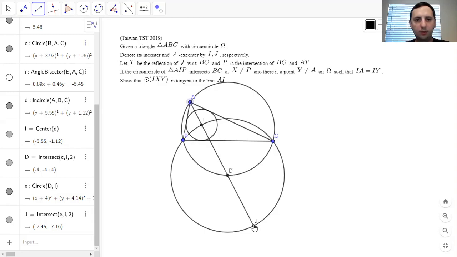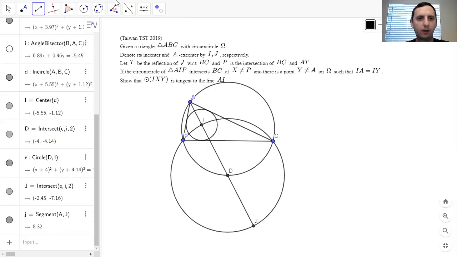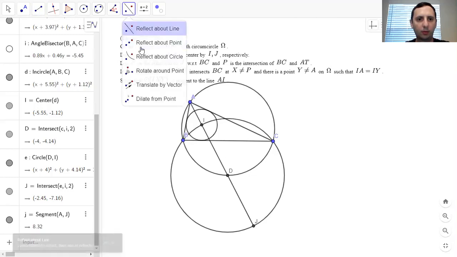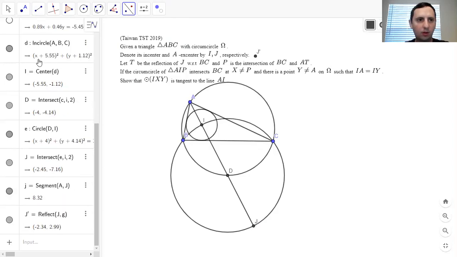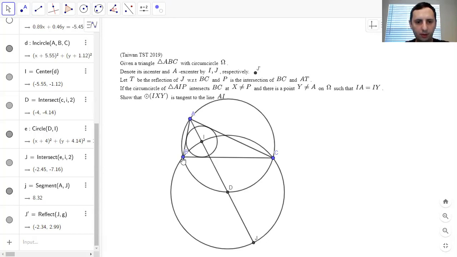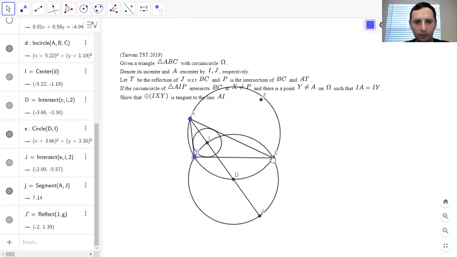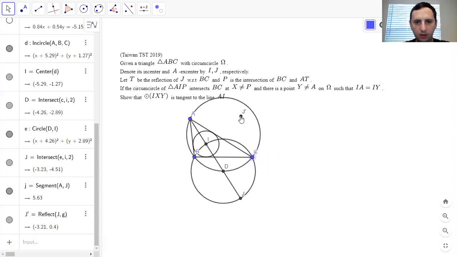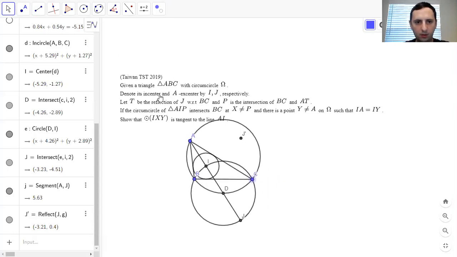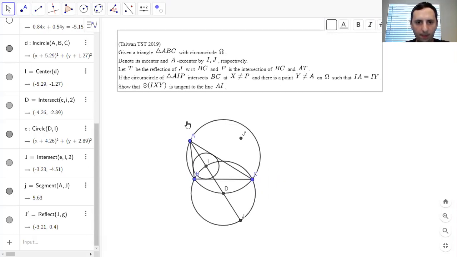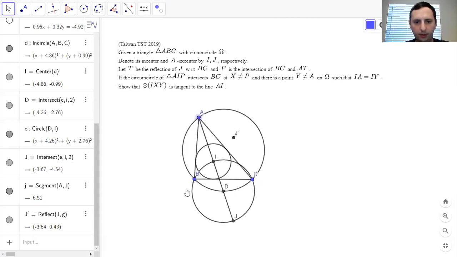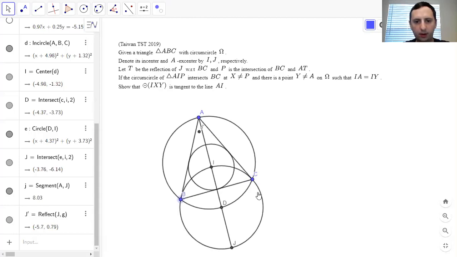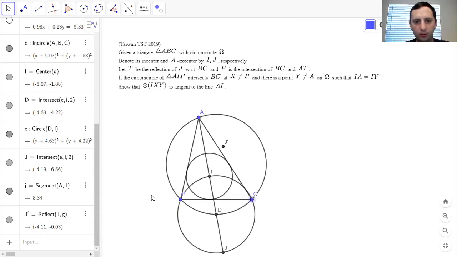Okay, so T is the reflection of J with respect to BC. I'm going to have to make a little more room, so let me move things around in the diagram to make room for point T. I usually prefer acute triangles, so I'll make it an acute triangle, like a taller triangle.